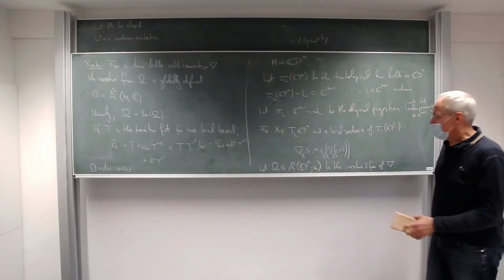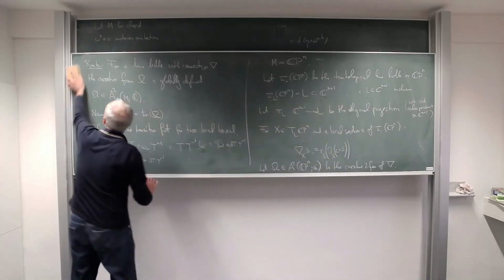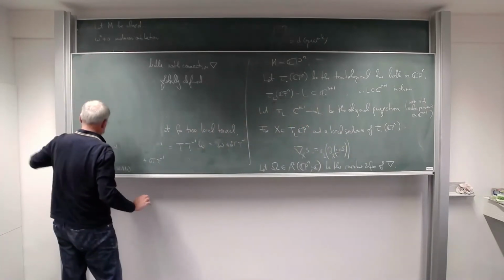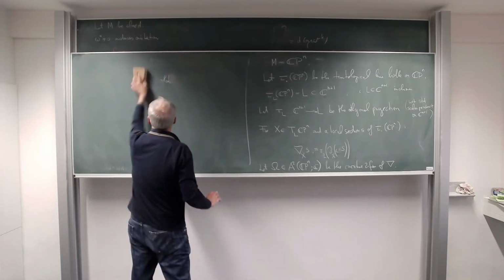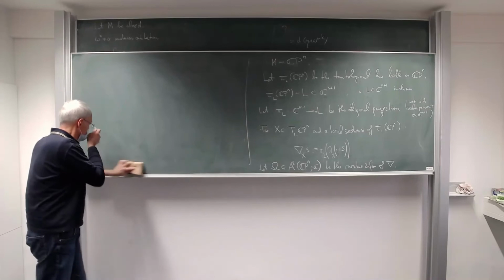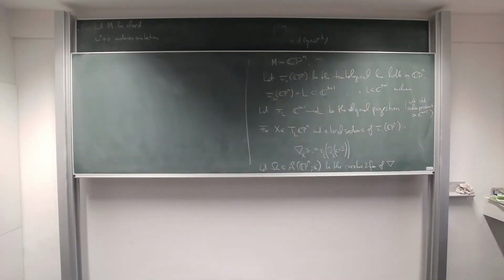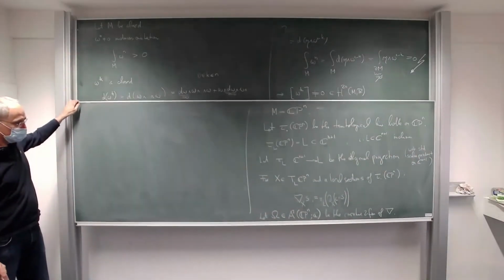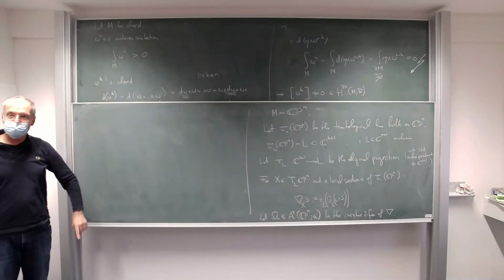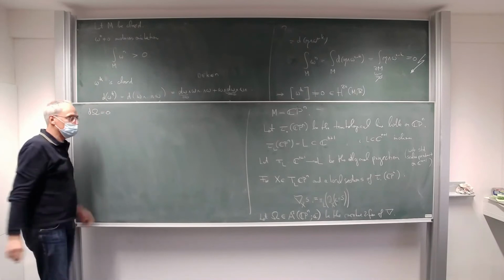Okay, good. Now we have this 2-form on complex projective space. It's globally defined, we know that already. And also it's closed. That's also good, right? So the curvature form is closed.